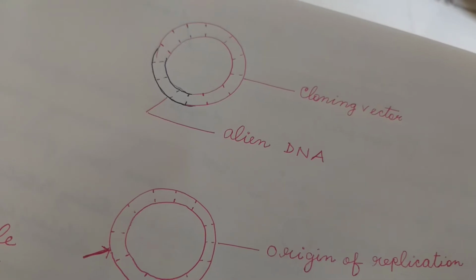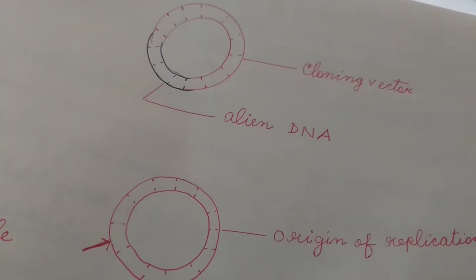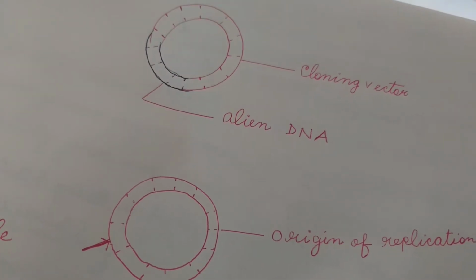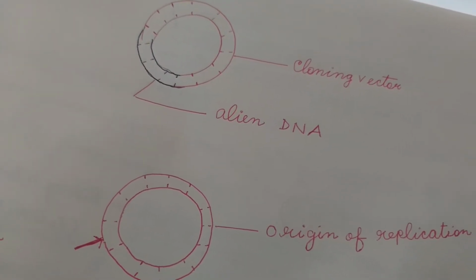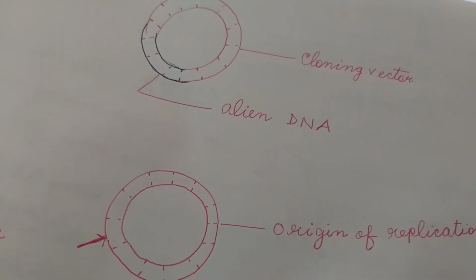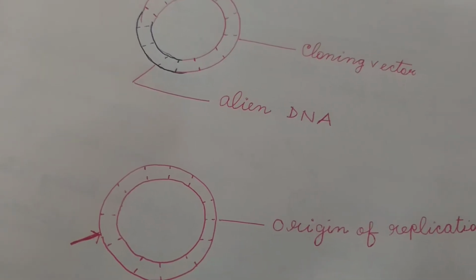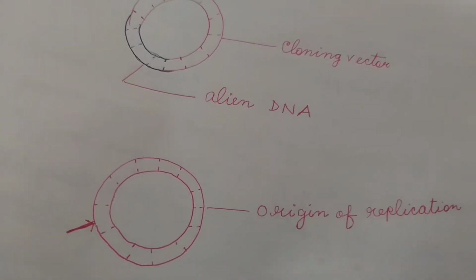It may make 50 copies, it may make 1000 copies, it may make 100 copies. This is called copy number. So how many copies of the alien DNA will be formed? It depends on the origin of replication.